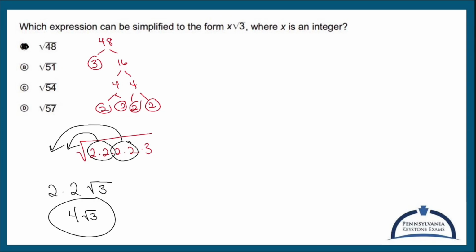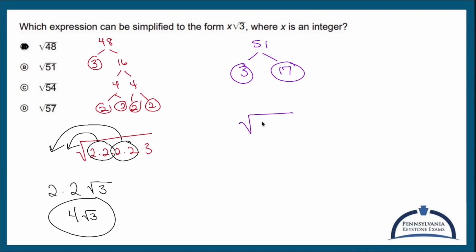So if you're wondering what an incorrect answer looks like, let's just take a look at one. Let's just pick square root of 51, just for funsies, to see what the wrong one looks like. I can pull a 3 out of that, and when I do that, I'm left with 17, which is also prime.